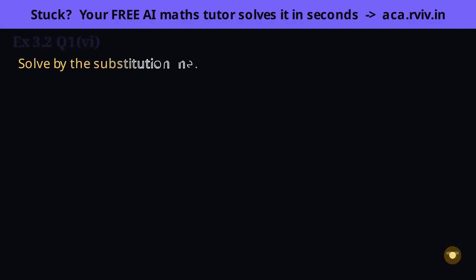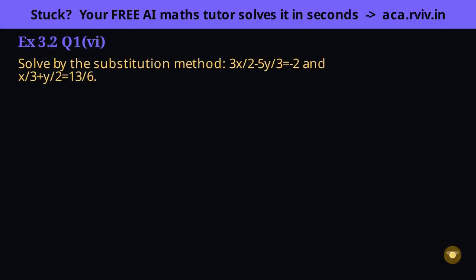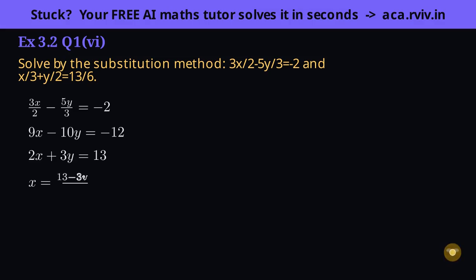2 rounds of clearing fractions keep it clean. Set up: clear the fractions in both equations first, then substitute. Multiply the first equation by 6, the LCM of 2 and 3. Multiply the second equation by 6. Isolate x from the tidy second equation.